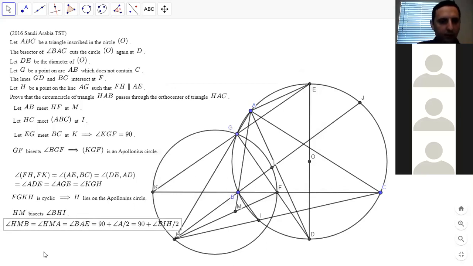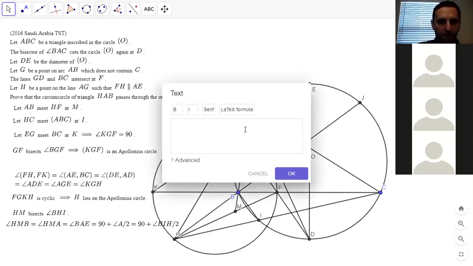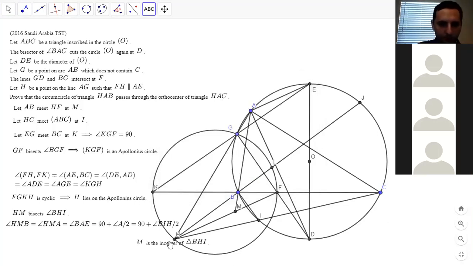Oh, well, I'll just leave it like that, because I want to have enough room. So M is the in-center of triangle BHI. And then once we know that, we have angle ABH is ABI, which is 180 minus ACI.